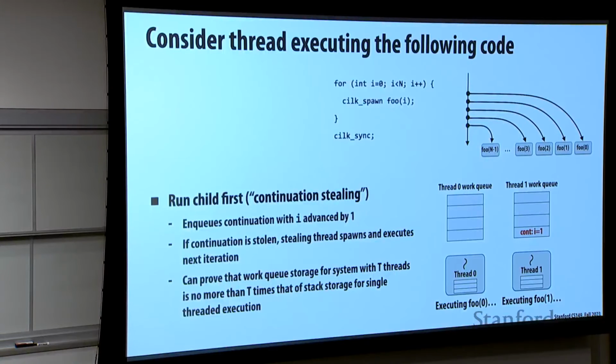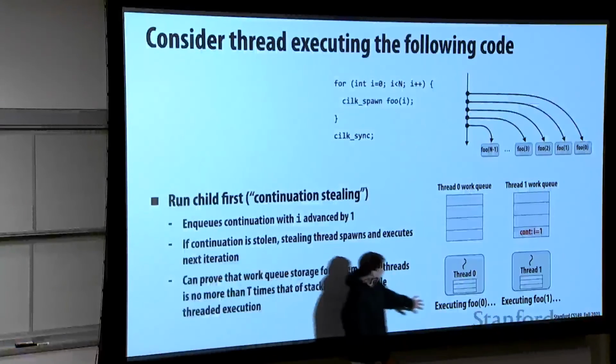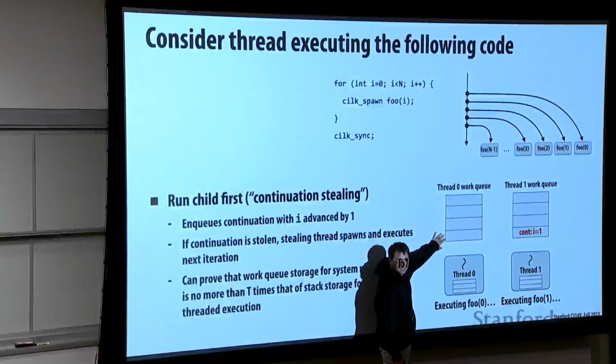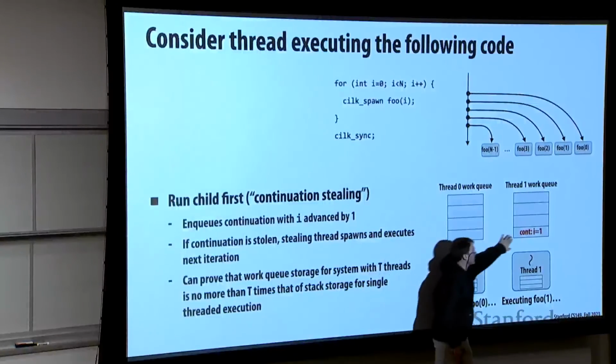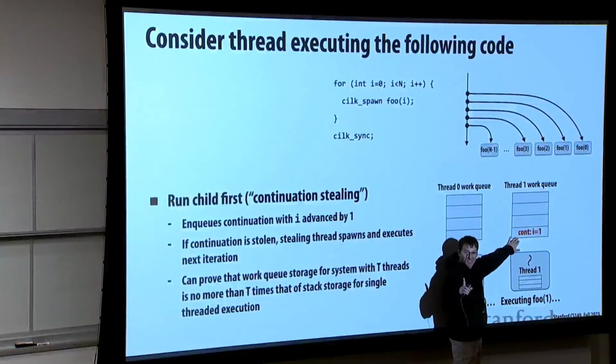Now what happens in this run child first scheme if I have 2 threads? Thread 0 is running foo 0. It put the rest of the continuation into its queue. Some other thread steals the rest of the for loop and starts running iteration 1.